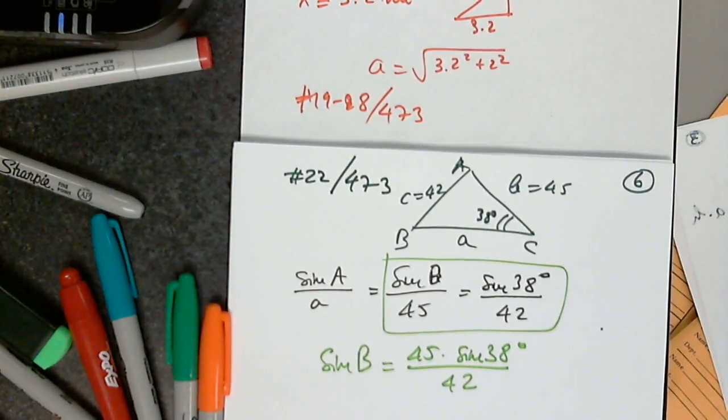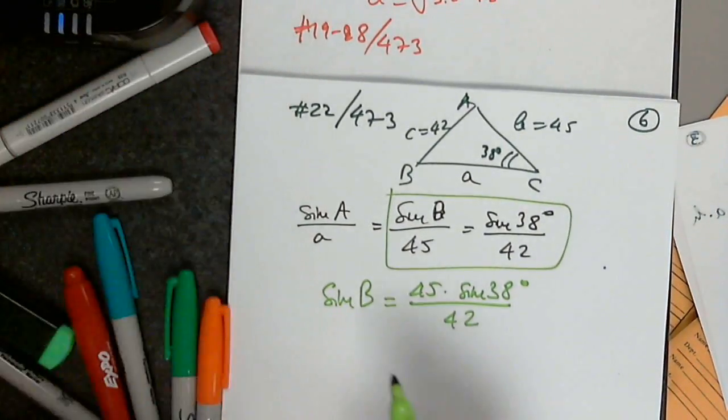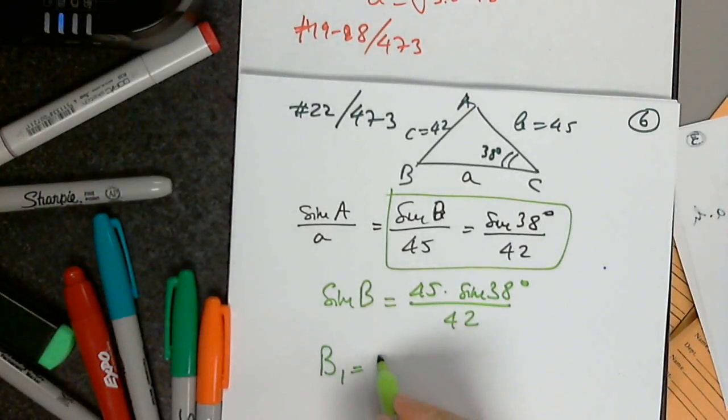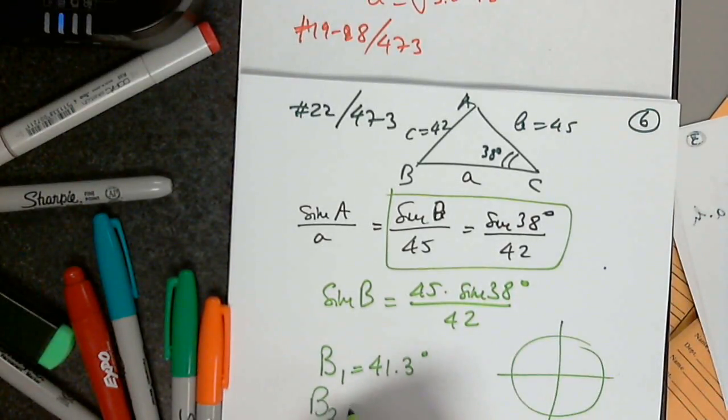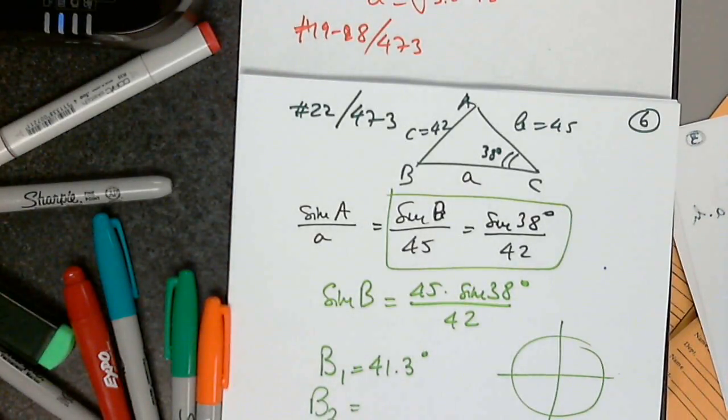So what does 41.3 mean? What is it? Exactly. Angle B. Yes, I'm going to call it angle B1, 41.3 degrees. I'm going to look at the unit circle, and I would like to see if there is a B2. I don't know if there is a B2 or not.